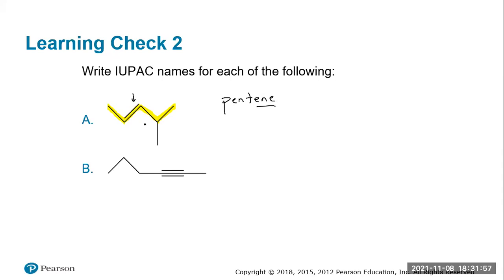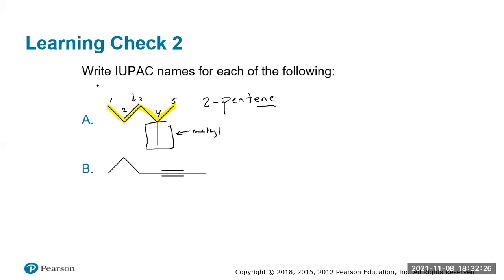We also have a group hanging off of here, which is a methyl group. And we want a number to give, again, the double bond the priority, which means we should go left to right here. 1, 2, 3, 4, and 5. That means our double bond's at carbon number 2. So this now becomes 2-pentene for the location of the double bond.